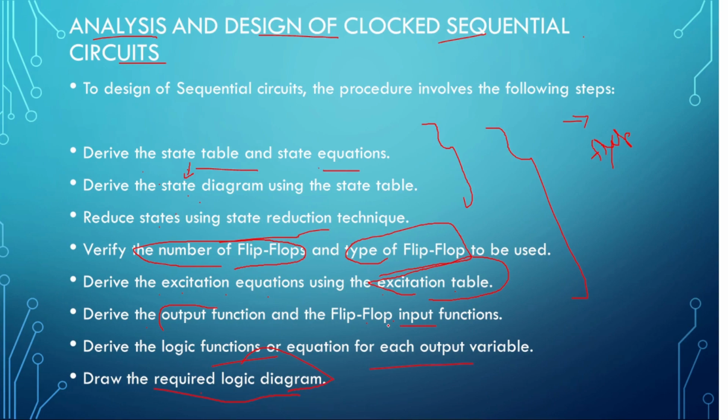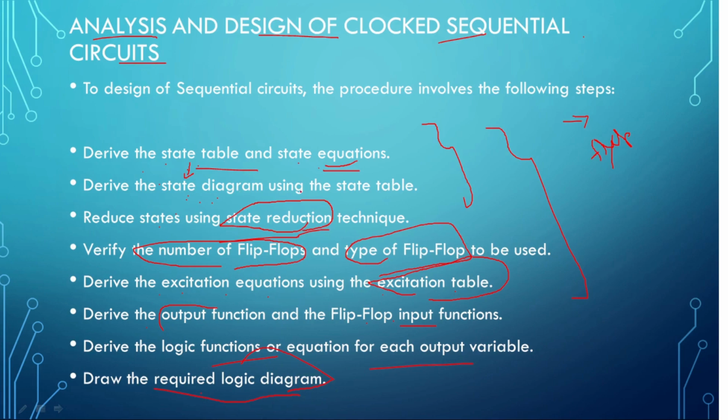In upcoming videos, you will learn what is meant by a state table and what is a state equation, how the state diagram is drawn with the help of this state table, and how you reduce this state table with the help of state minimization or the state diagram.